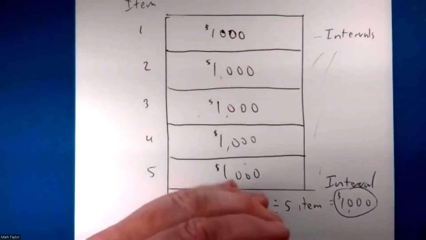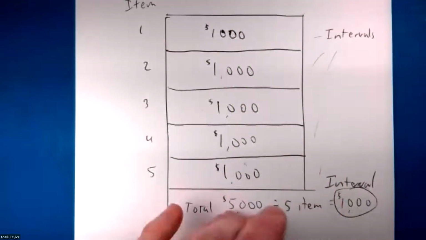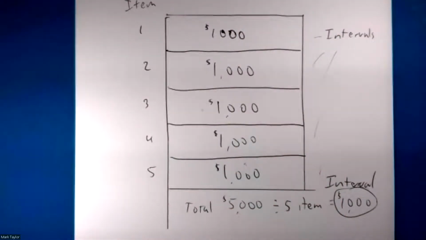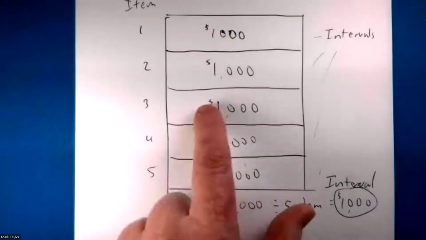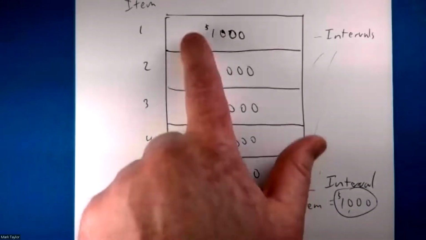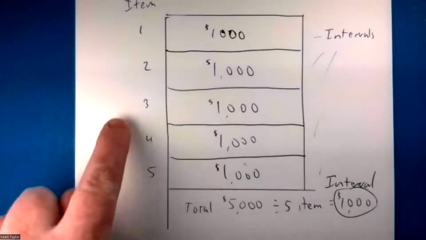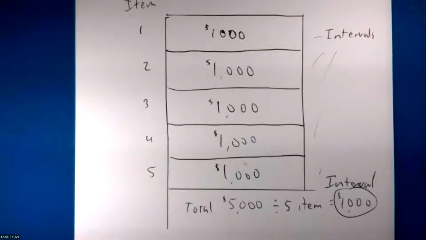So all we've done is taken that $5,000 chunk and turned it into 5 different intervals of 1,000. We're going to pick one item for each one to represent the entire thing.